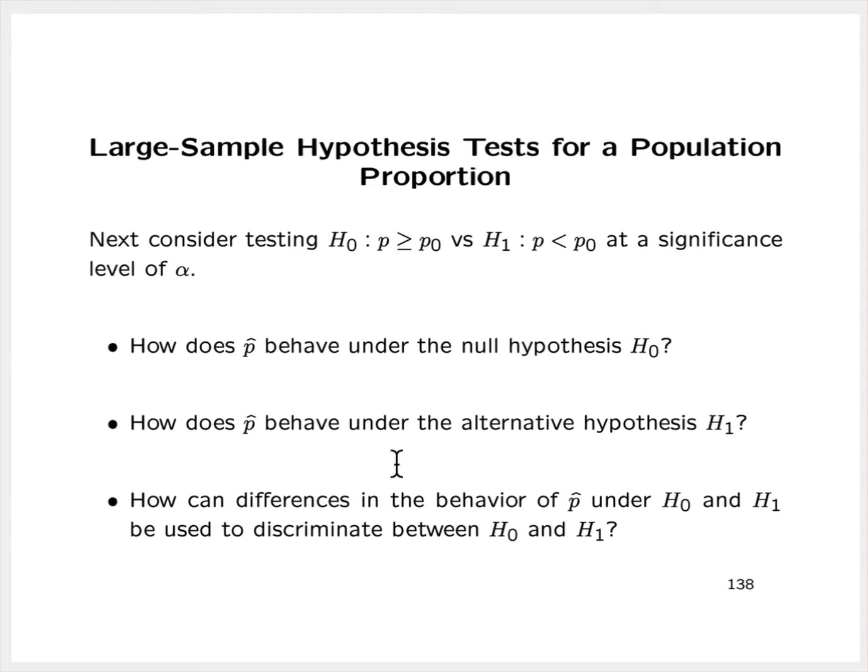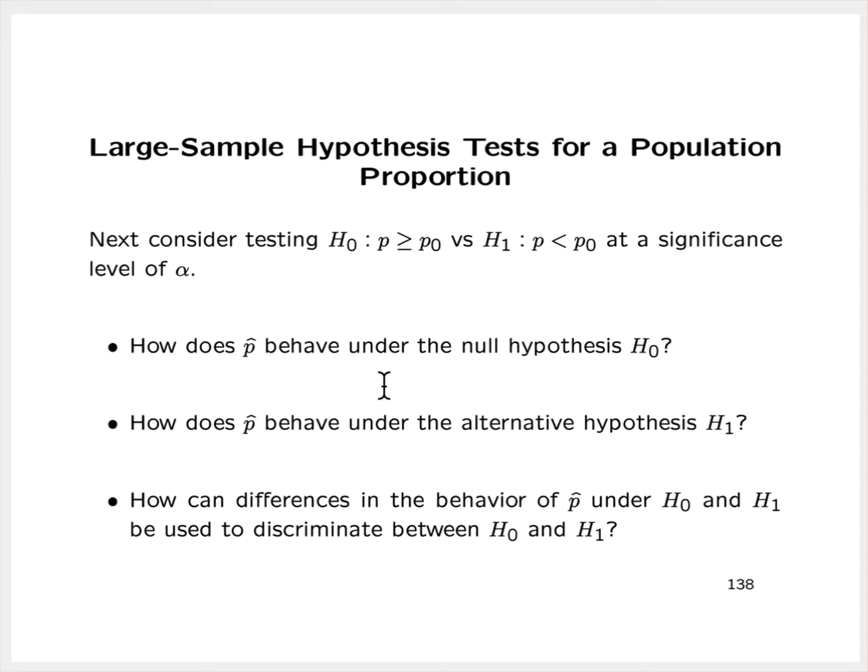And so again, remember that regardless of whatever the value of p is, because p hat is an unbiased estimator of p, the sampling distribution of p hat will be centered right at p, wherever p happens to be.